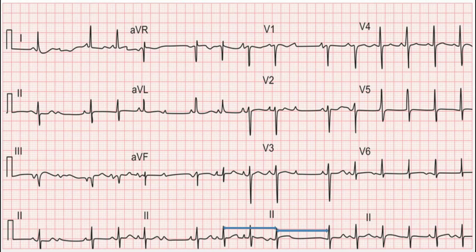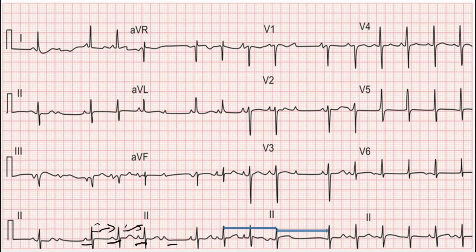In this ECG we will show that the PR intervals are equal in all these. Then there is the blocked P wave. The PR interval remains the same. Then also there is equal duration in the RR. There is no change between the RR durations.